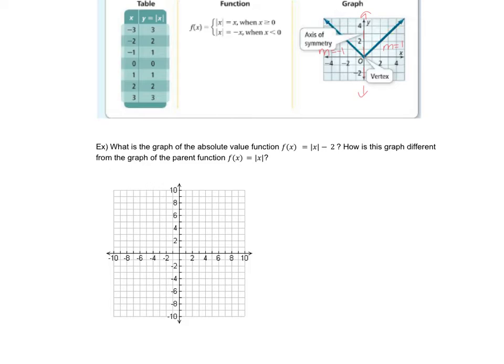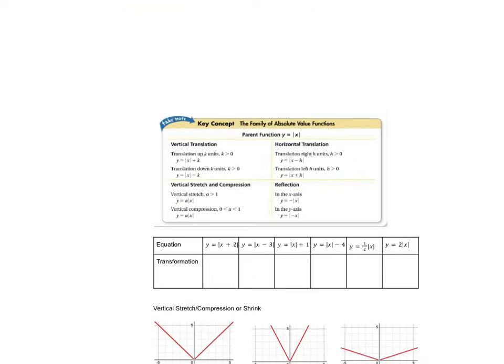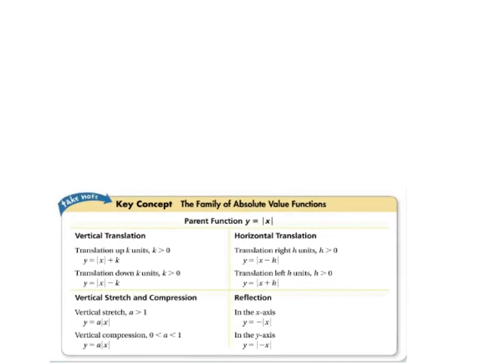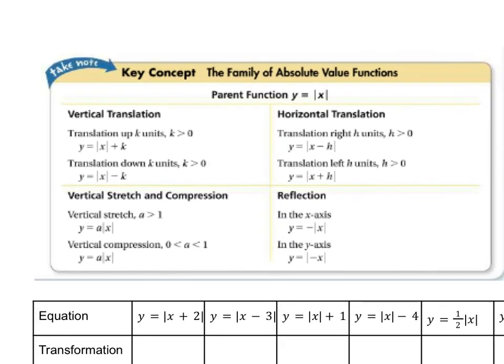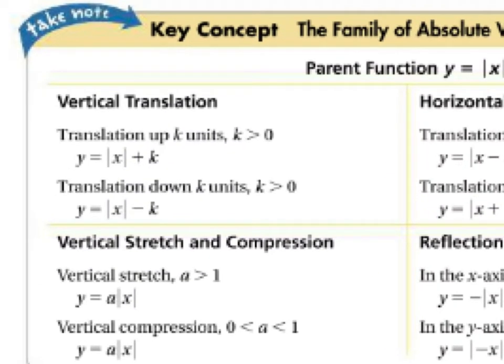I'm actually going to skip this next one for the video to save time, but I'm going to go straight to this. So here is kind of your cheat sheet of how to do things with these graphs so you don't have to make a table and plot the points every time. The first one we're going to talk about is vertical translations, so that means up and down.